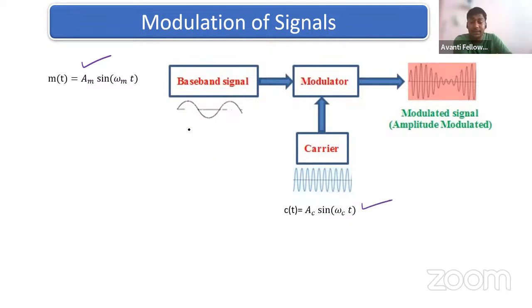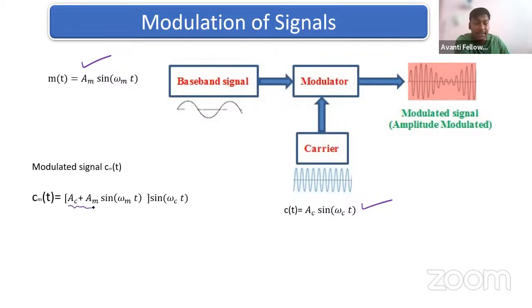carrier wave, then the modulated signal cm(t) can be written as the superposition of this message signal and this carrier wave signal. In this case, you can see here, this is the expression for this modulated signal. Here we are having only amplitude modulation. Okay, so now you can also separate this if we take Ac as the common.